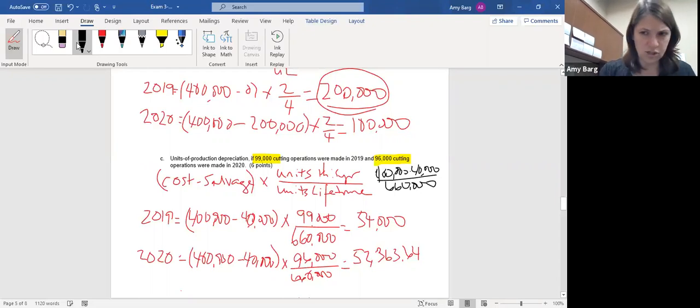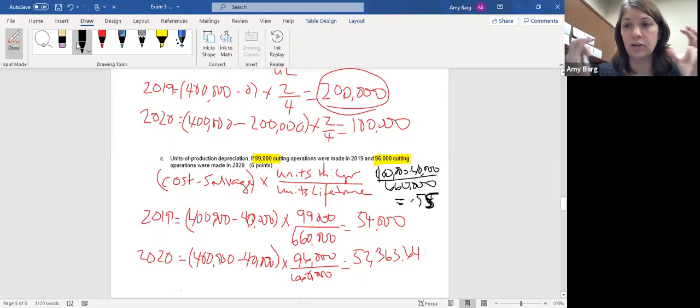So if you were to do that math, 360,000 divided by the 660,000, you would get that each unit is going to cost you roughly 55 cents if we round. So each time you create a unit, it depreciates your machine by 55 cents basically.